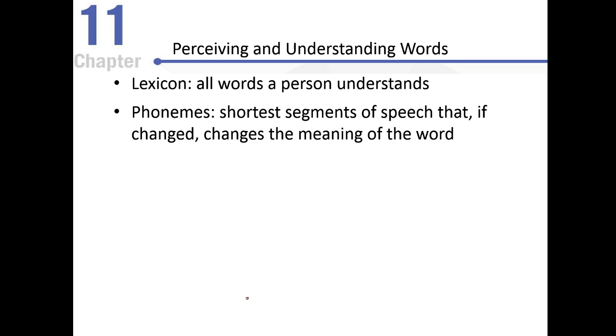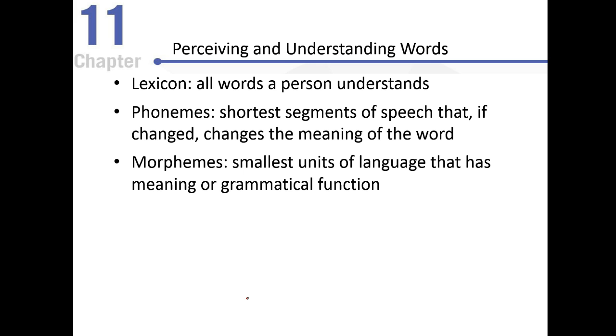It's also important to understand phonemes, and phonemes are the shortest segments of speech that, if changed, changes the meaning of the word. For example, B, I, and T are phonemes of the word bit. We can change the meaning of that word by changing the B to a T, in which case we have the word pit.